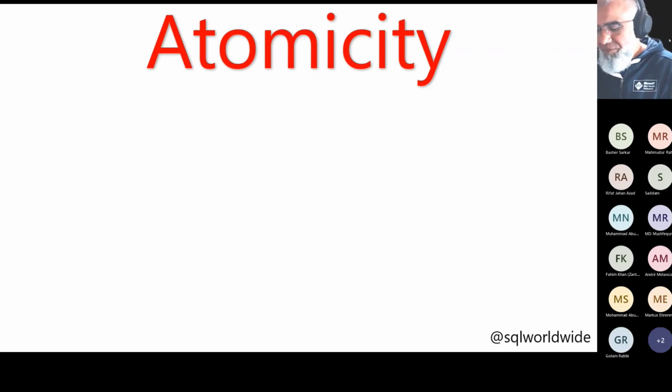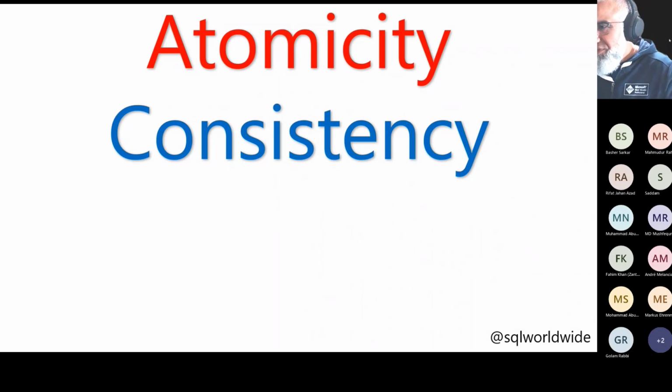So that's atomicity. The next one is consistency. Consistency can be a confusing term in this context. Do not confuse this with eventual consistency, because if you are using Cosmos DB in Microsoft, you will see there are different consistency levels, and one is called eventual consistency, and this is not the same thing.